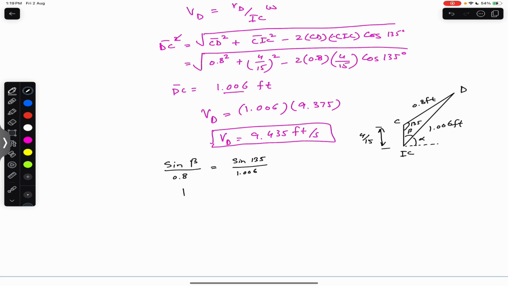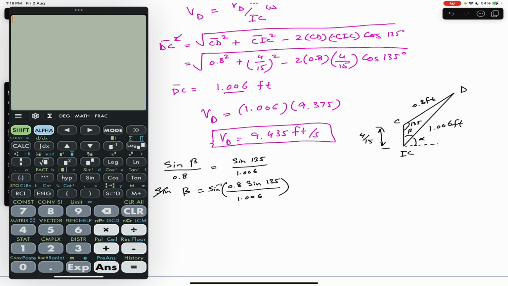From this we can say sine of beta is equal to 0.8 sine of 135 divided by 1.006, and if we take sine inverse, we will be able to find beta. So beta equals sine inverse of 0.8 sine of 135 divided by 1.006. So beta comes out to be 34.216 degrees.